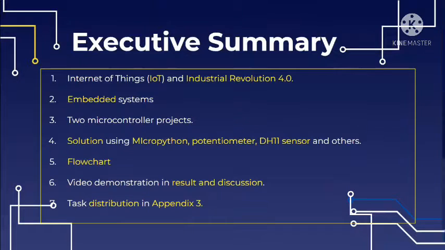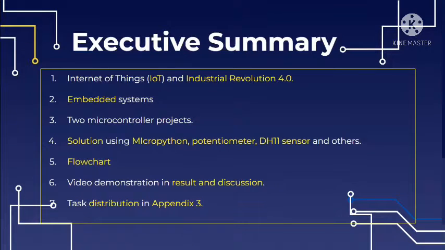To give an overview of the whole group work and presentation, I will begin the presentation with the Constitutive Summary. Internet of Things or IoT plays a very significant role to contribute to the efforts of realizing IR 4.0. One of the most important components of IoT is embedded systems, which covers microcontrollers, development boards, among others.